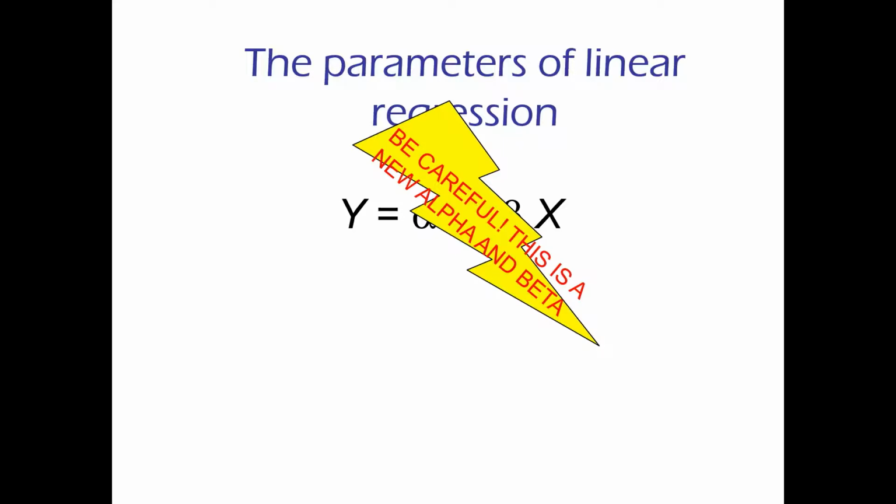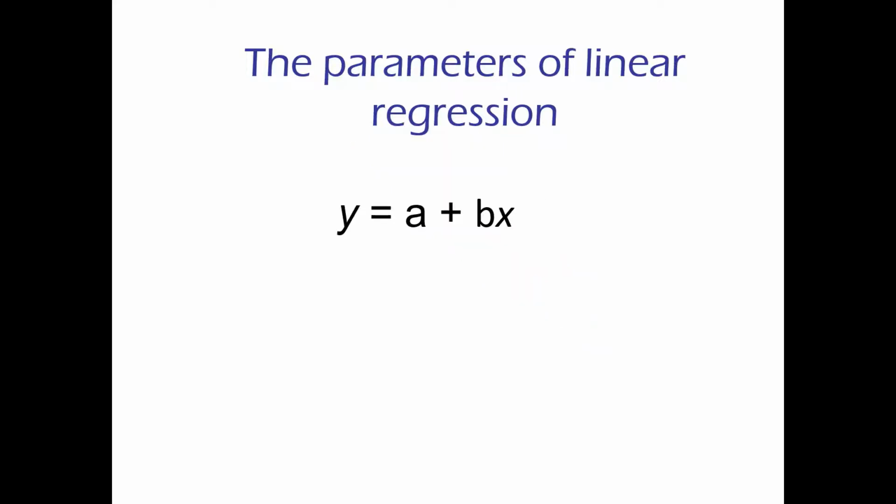Before that, the equation where alpha and beta are used shows the linear relationship between x and y in the population. However, in the sample we collect, we use A and B to replace alpha and beta in the equation to show the linear relationship.